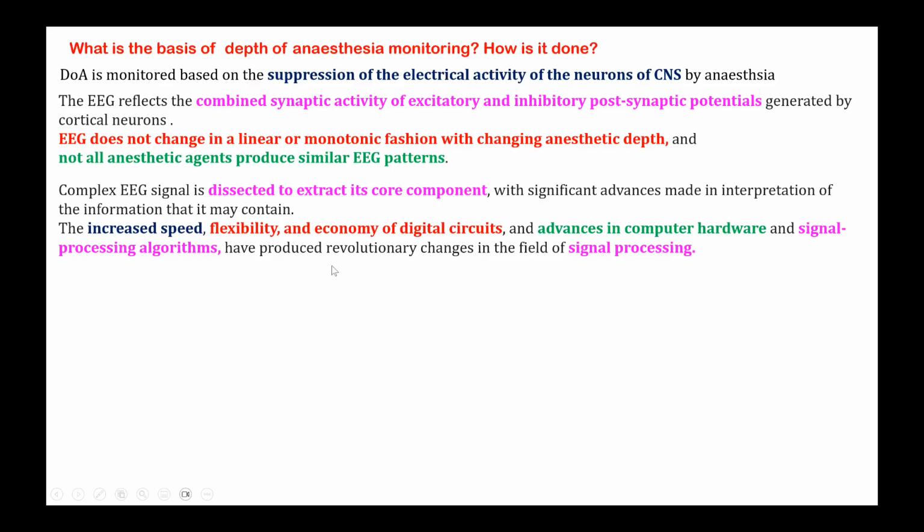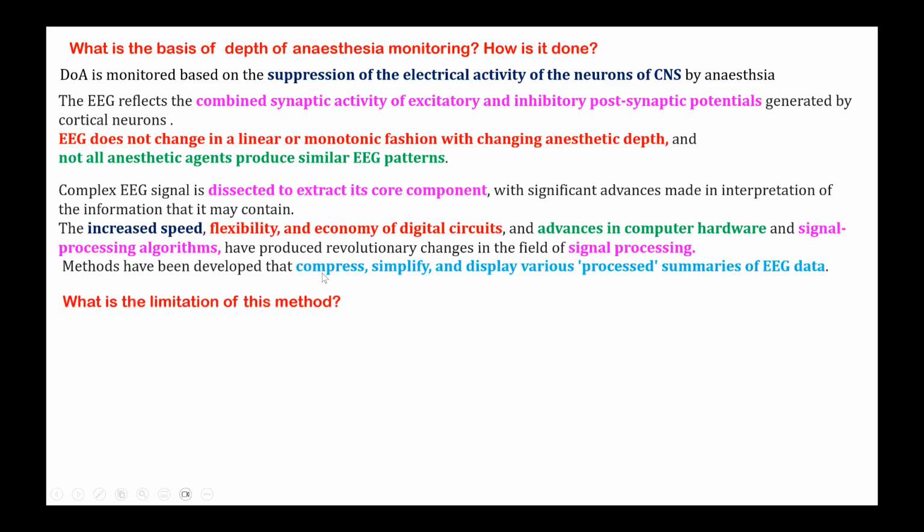Even though the EEG is a very rough expression of the electrical activity of the neurons, these advances have allowed the electrical waves produced by the neurons to be analyzed using what is called signal processing technology.